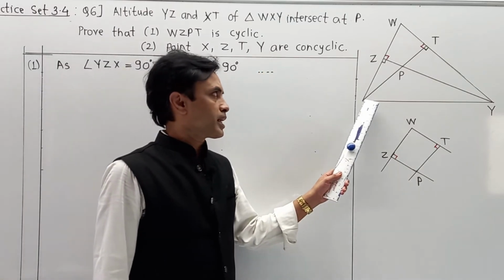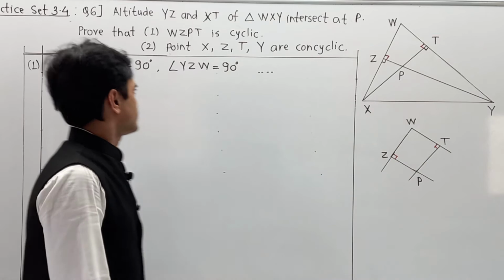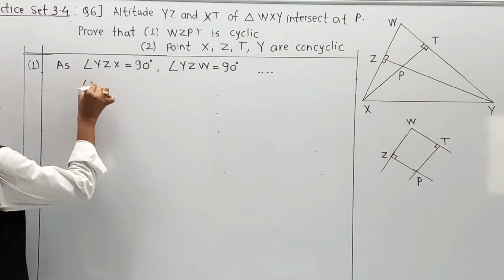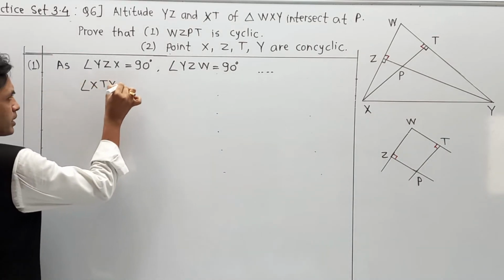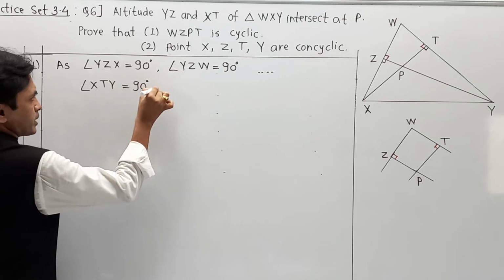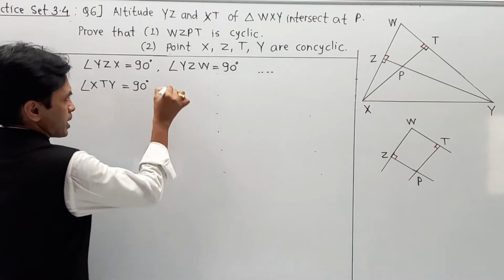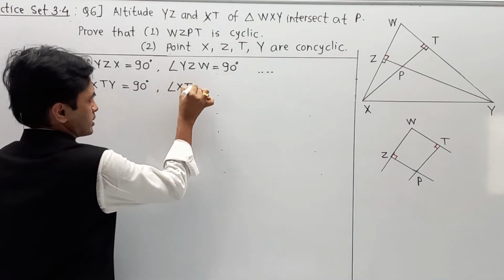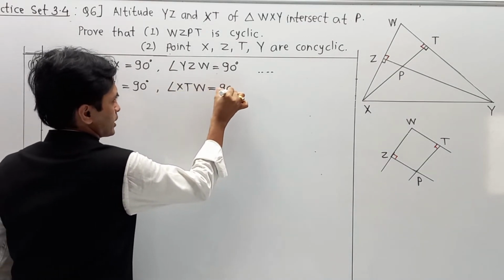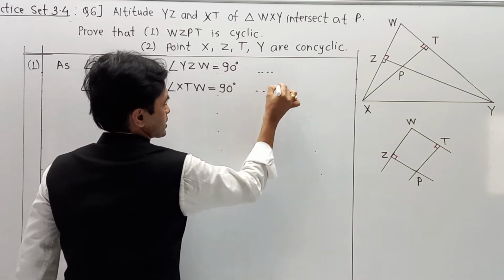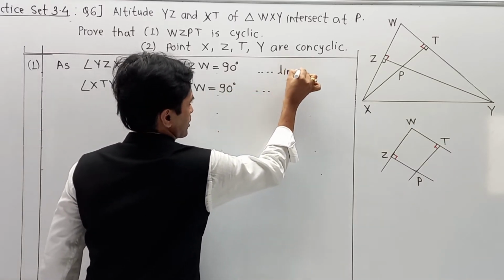Similarly, I am going to write angle XTY is equal to 90 degrees. Automatically angle XTW is equal to 90 degrees. For both, the reason is linear pair of angles.